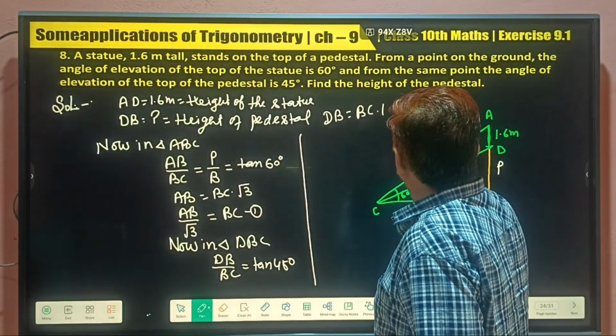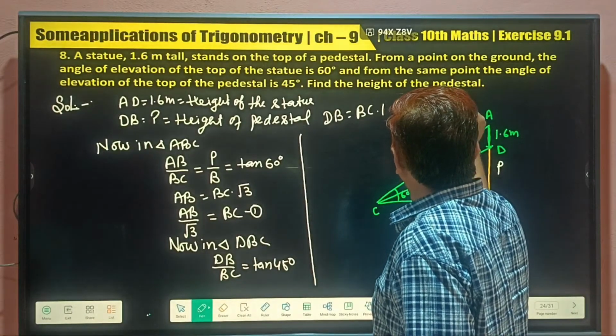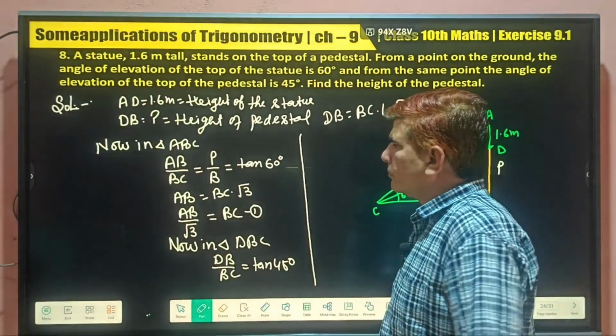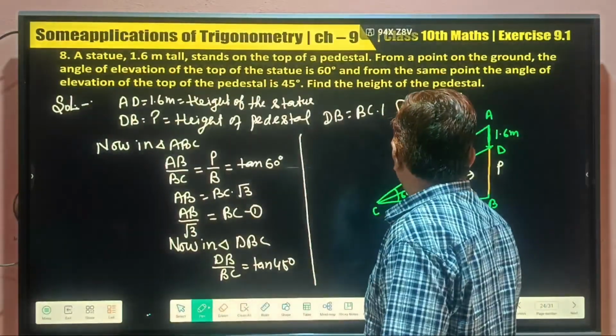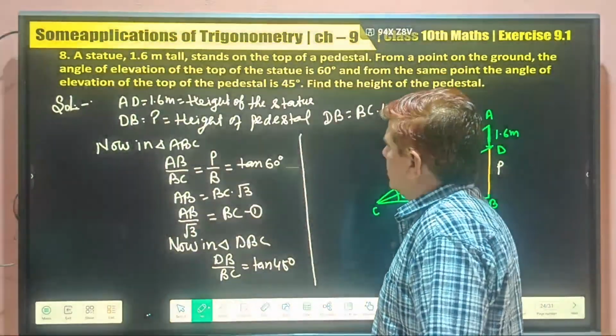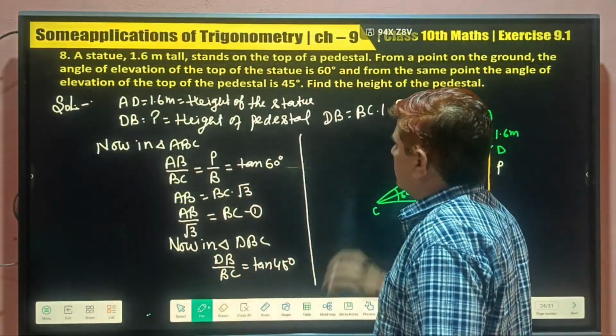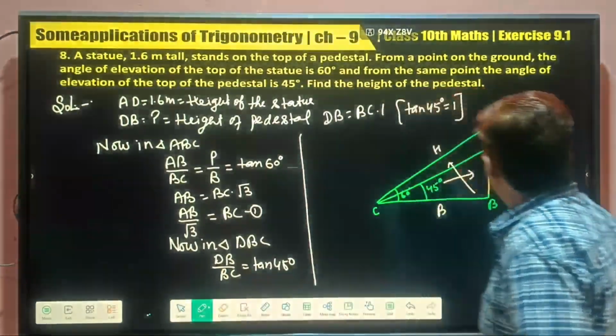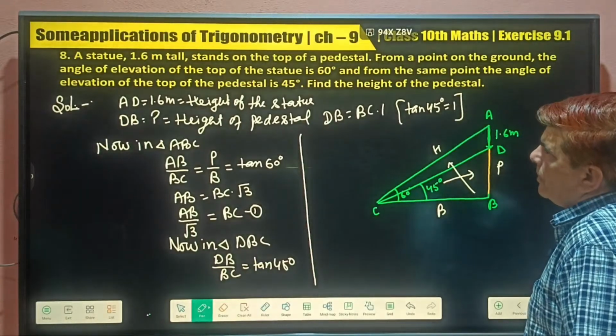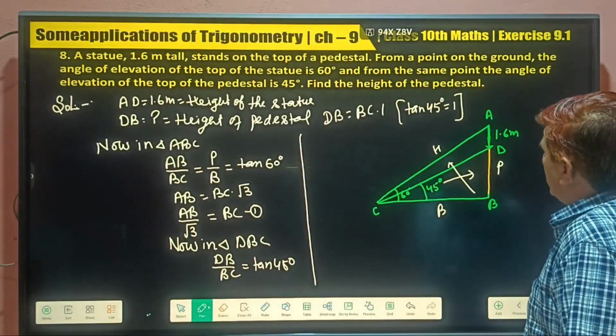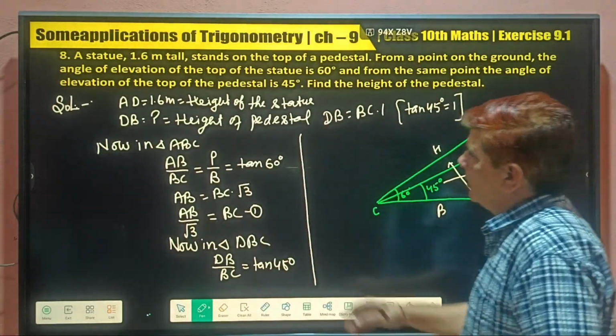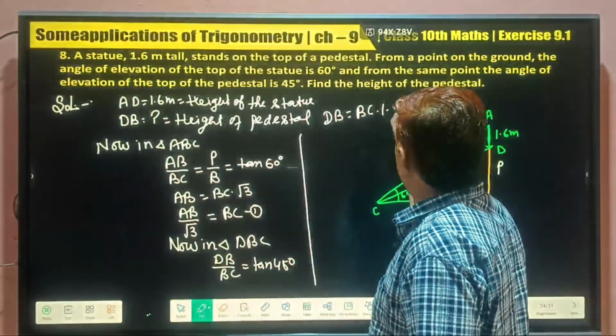Why? Because tangent 45 degree equals 1. So what we have to find out? DB. So comparing first and second.